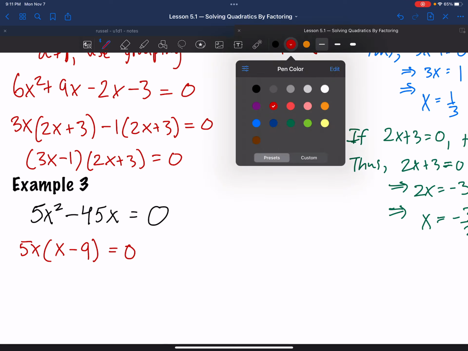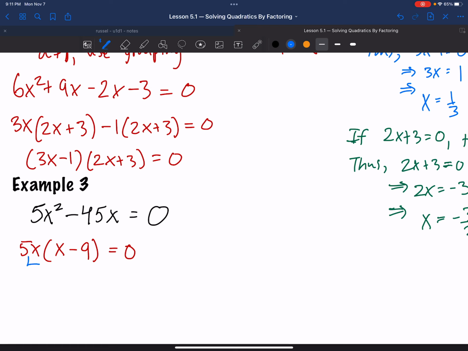So we have two things here. If x equals 0, then 5 times 0 times x minus 9 equals 0 is true. So x equals 0.